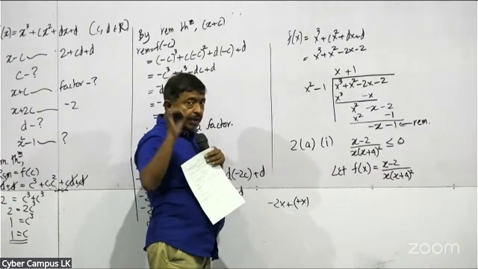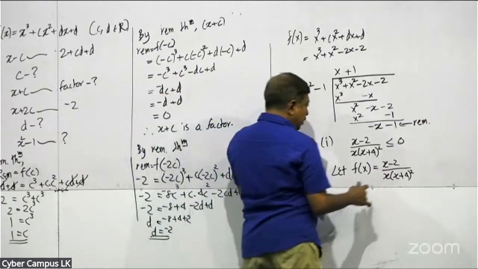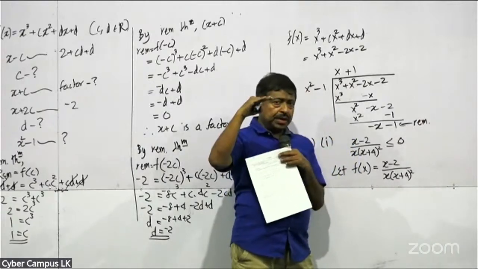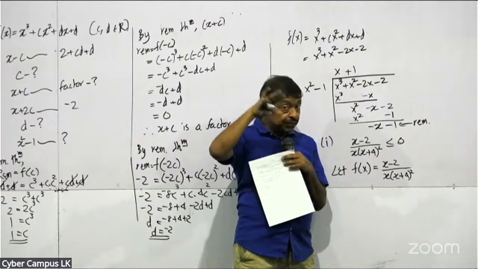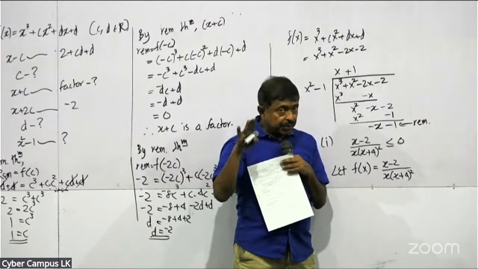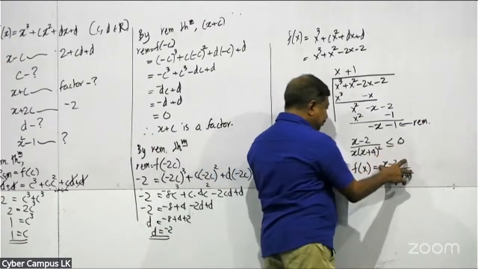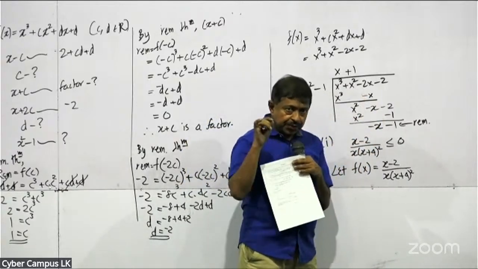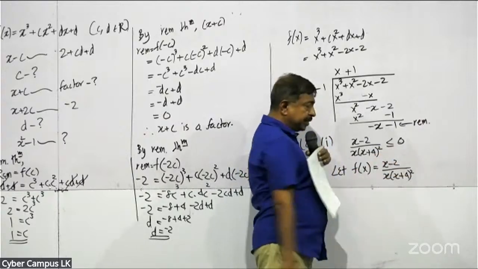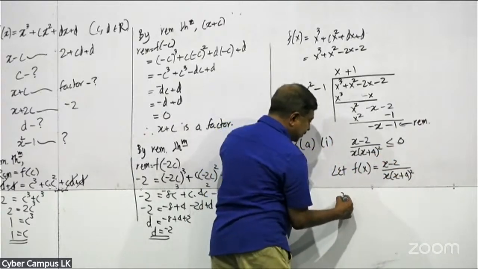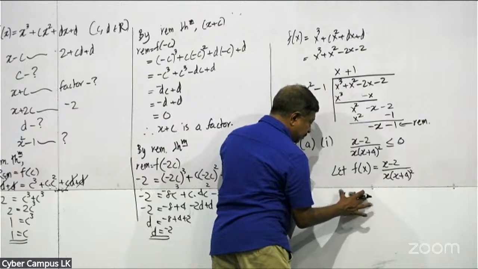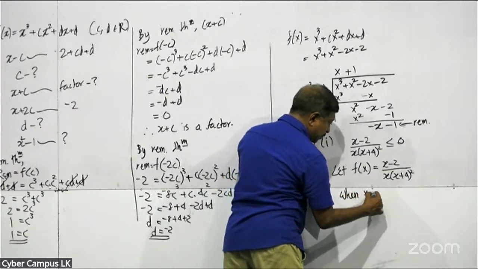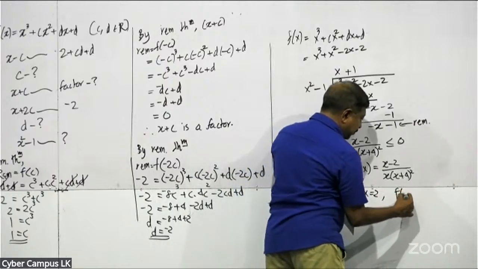Now you find the critical values. This is a rational function. You have upstairs and downstairs. You find the values of x at which f of x becomes 0. And on the other hand, you find the values of x at which f of x is not defined. Now, when x is equal to 2, f of x is 0.